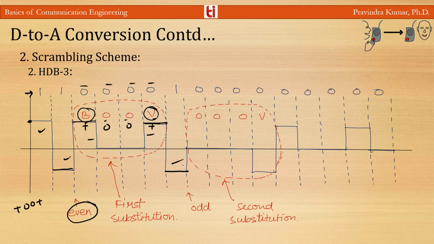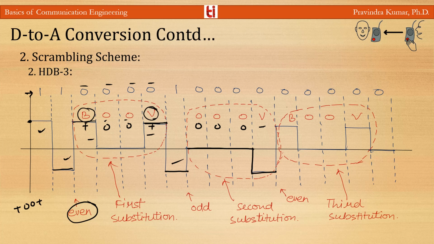So this is odd, and for this odd count, according to the rule, it is represented by 0 0 0 minus. So it is 0 0 0 then minus. And now again here you can see this is even, so it is represented by plus 0 0 plus. So this is the HDB3 rule.